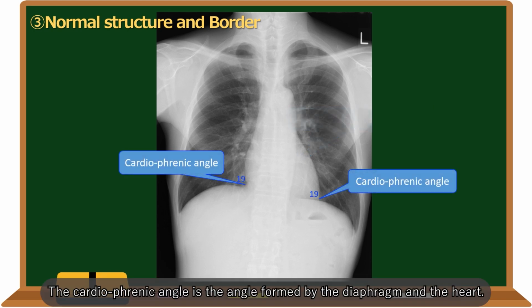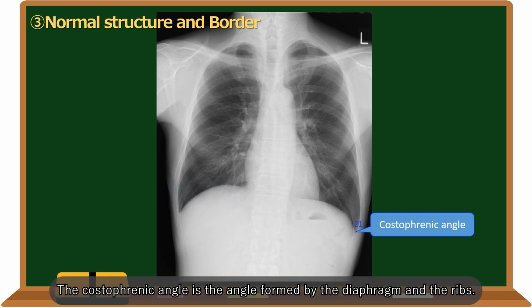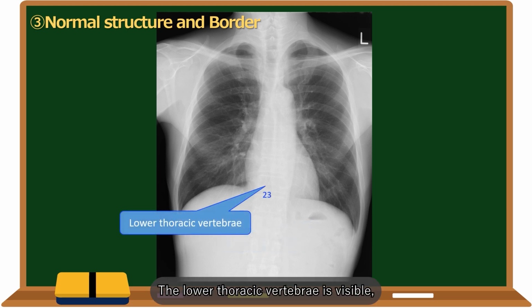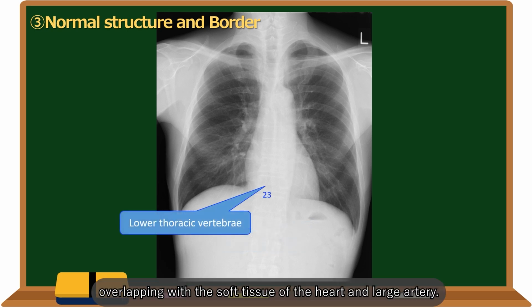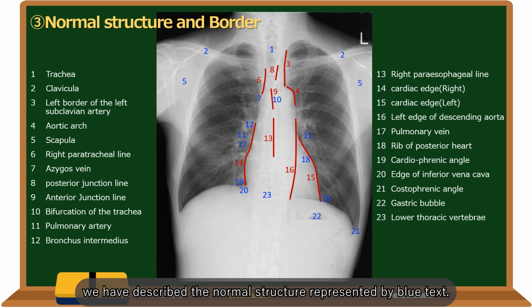The cardiophrenic angle is the angle formed by the diaphragm and the heart. You may also see the inferior vena cava just before it flows into the right atrium. The costophrenic angle is the angle formed by the diaphragm and the ribs. The shadow is formed by the air and contents in the stomach. The lower thoracic vertebrae is visible, overlapping with the soft tissue of the heart and large artery. So far, we have described the normal structure represented by blue text.